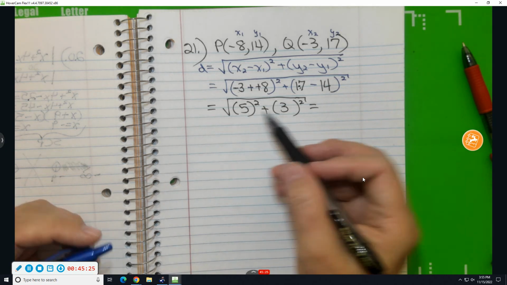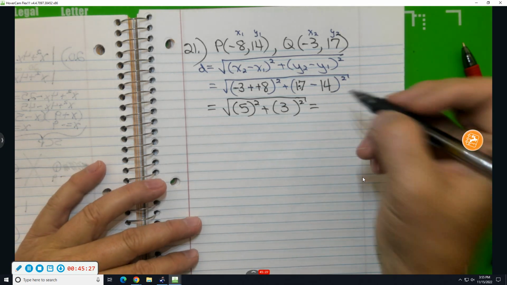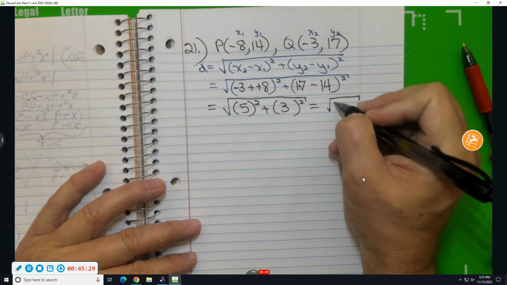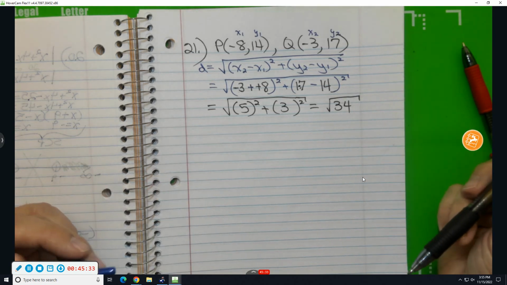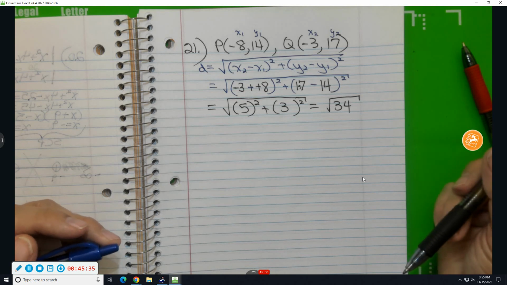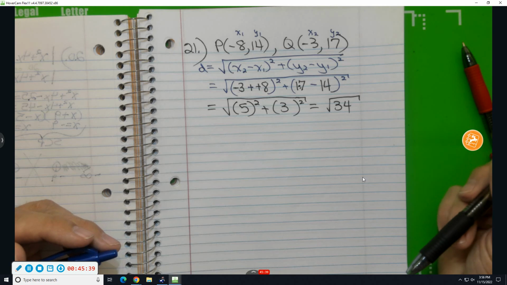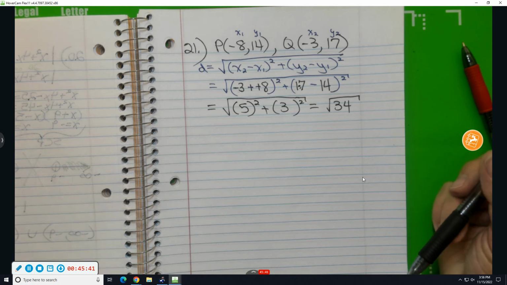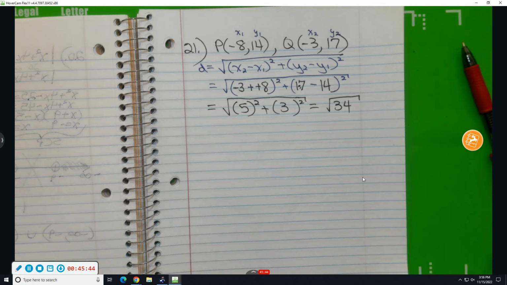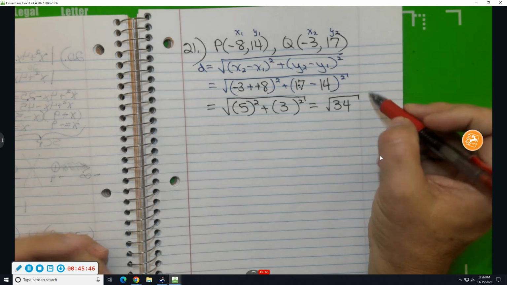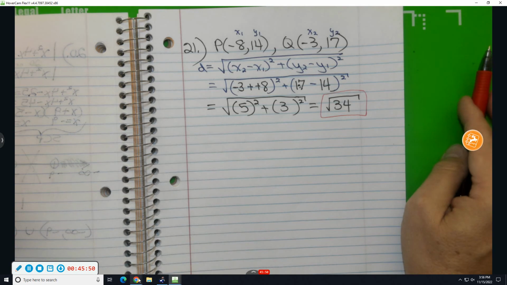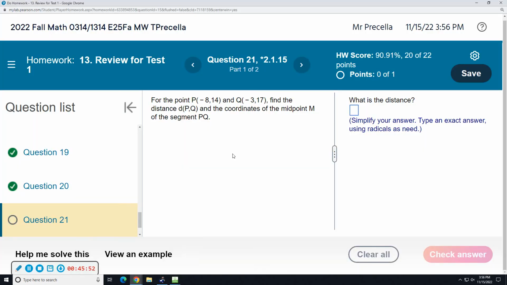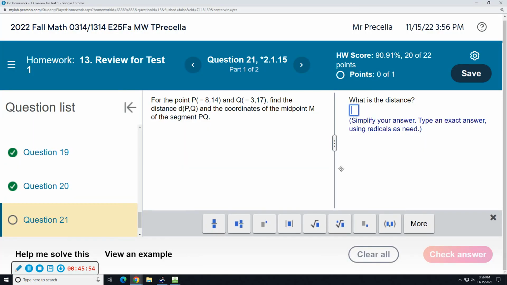That's a 25 plus 9. 25 plus 9 is 34. 34 is not a perfect square, and there are no perfect square factors of 34 other than 1, and that wouldn't change anything. So our distance is the square root of 34 units. Now the midpoint. Oh, go ahead and type in that distance.